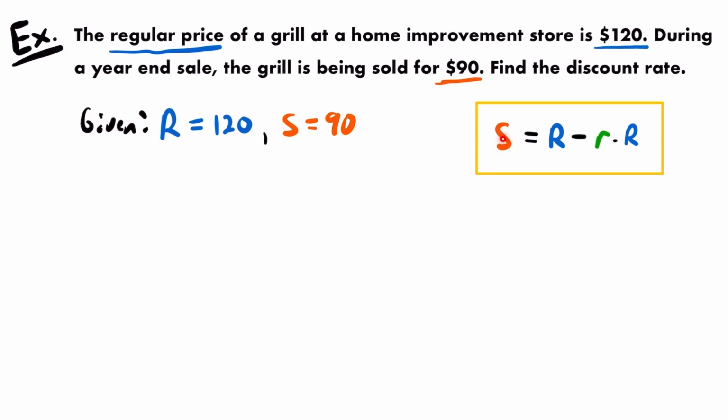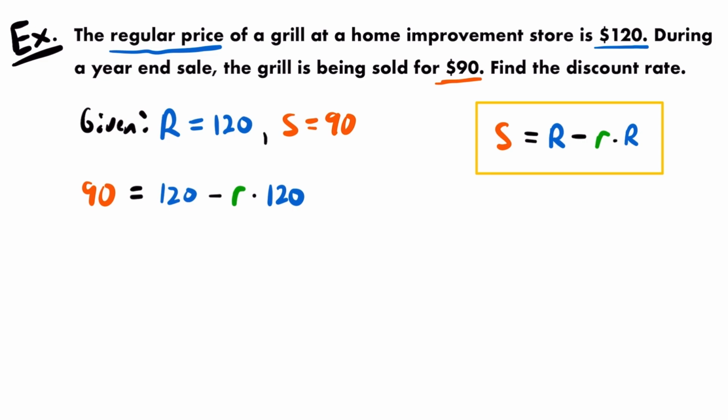Starting with the sale price S, we'll have 90 is equal to the regular price, which is 120, minus the discount rate R, which we don't know, that's what we want to solve for, multiplied by the regular price, which is once again 120. So we're multiplying by 120.